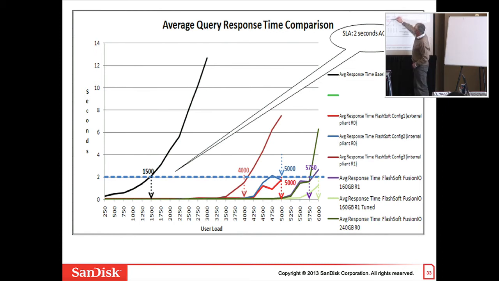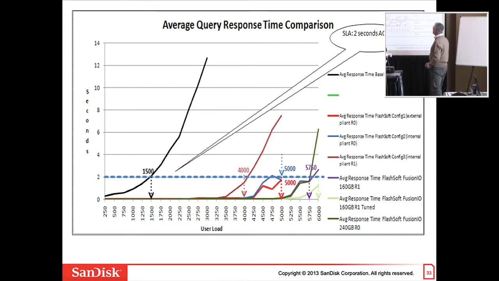This is the SLA level without acceleration. Just 1,500 users can be supported. With acceleration, after tuning our parameters, it's 6,000 warehouse users that can run. And as you can see, this is the Fusion part. As you can see, SAS is very close to Fusion.